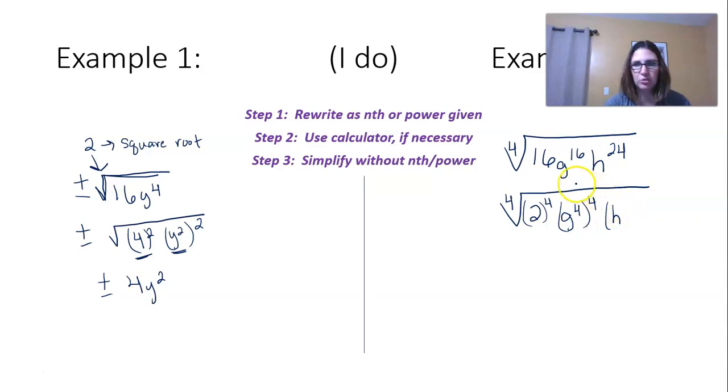One thing I did was divide 16 by 4, and I got 4. Do the same thing with h. 24 divided by 4 is 6. And look at that, isn't that cool? 6 times 4 is 24. 4 times 4 is 16. And 2 to the fourth power is 16. So it worked out. I rewrote it as whatever the power was.